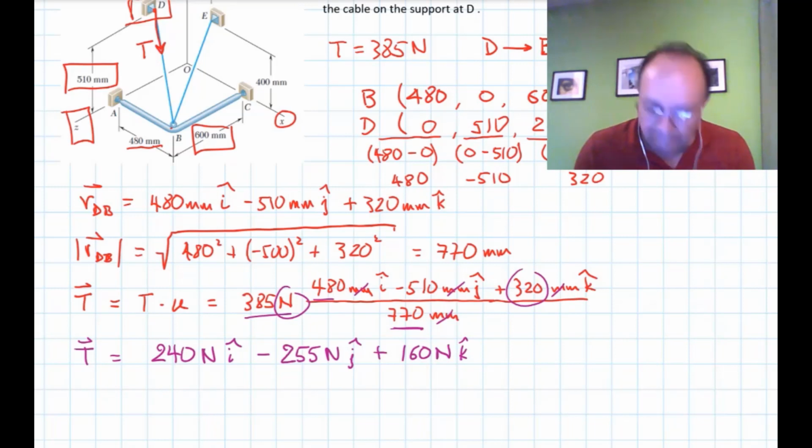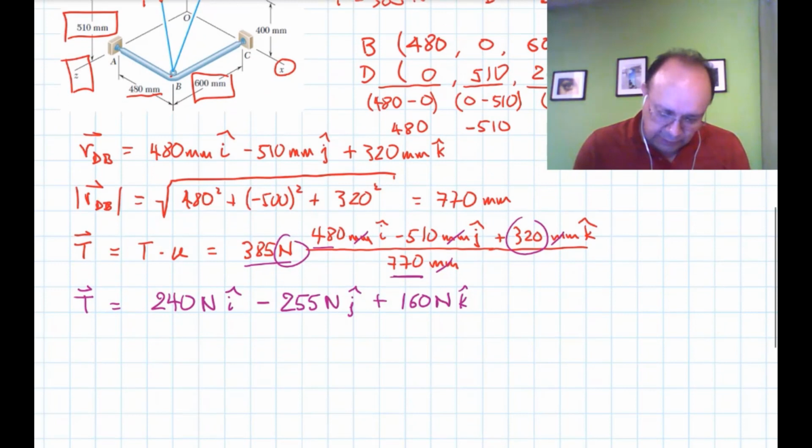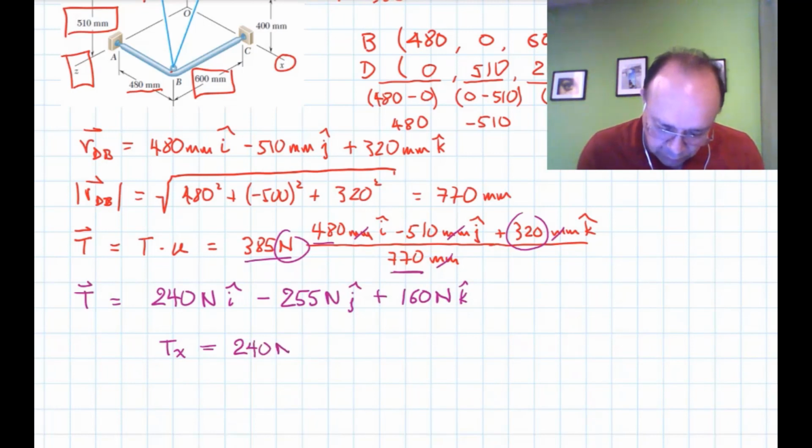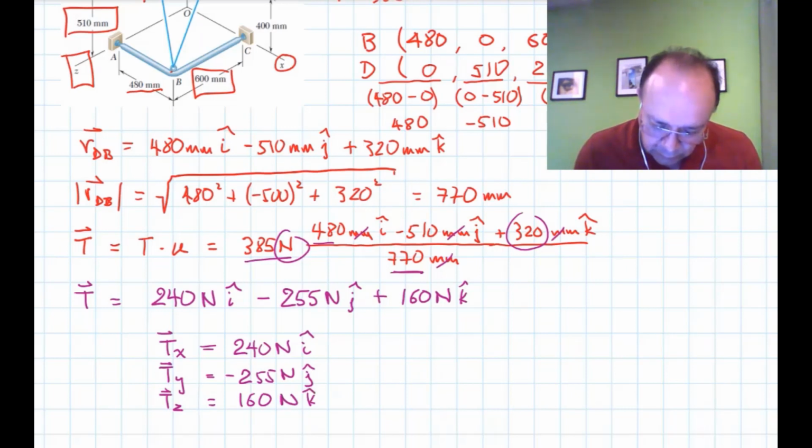Okay. So if we want to be very specific about the components, Tx will be 240 newtons i, Ty will be minus 255 newtons j, and Tz will be 160 newtons k.